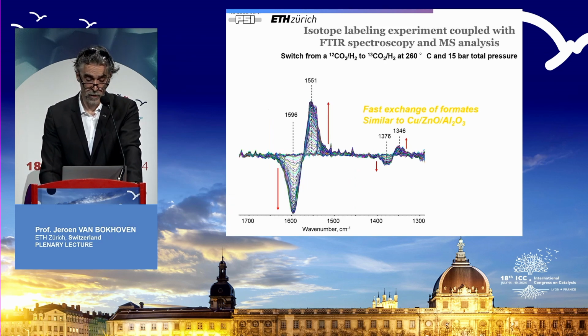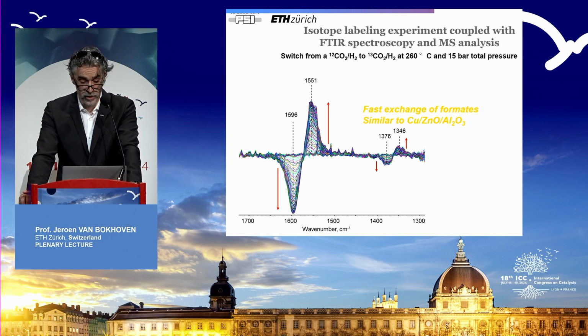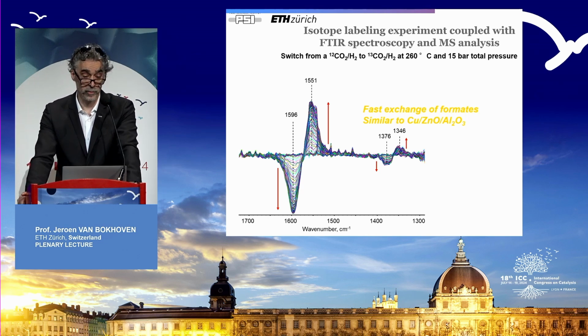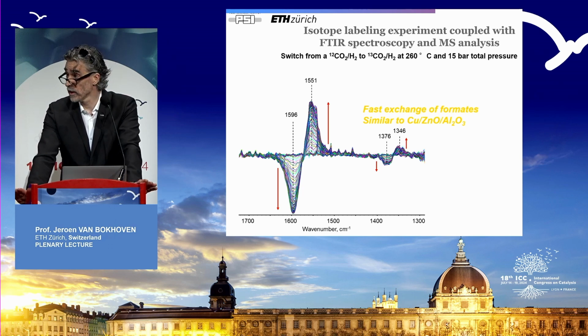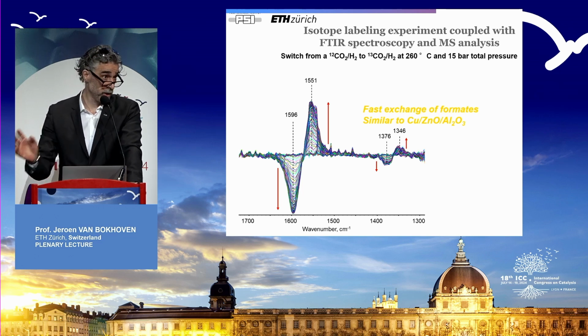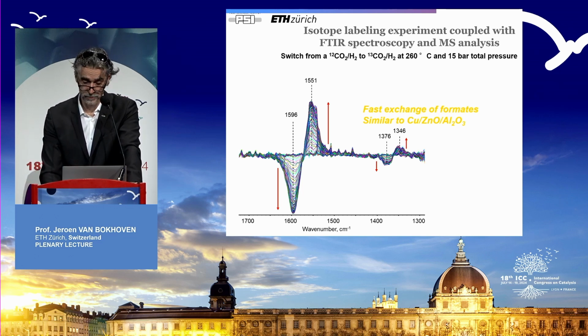There's a very rapid disappearance of the formate carbon 12 and the appearance of the formate carbon 13. So it's really the reactive intermediate in this system, and it behaves very similar to the copper zinc oxide system.